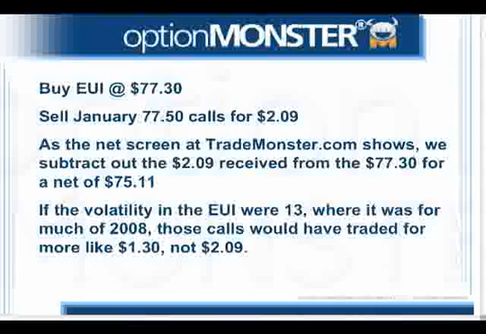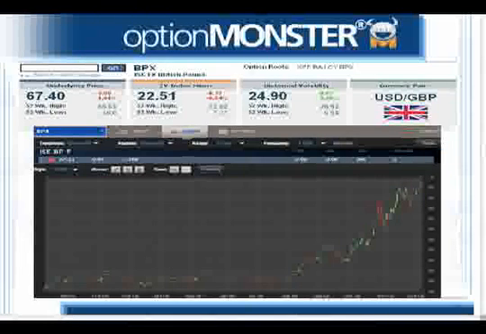Again, I don't necessarily want to buy those calls at that place. I'd rather be selling to somebody else those bad odds as I view them, and having that in my pocket as protection if I have a bullish outlook on the EUI.